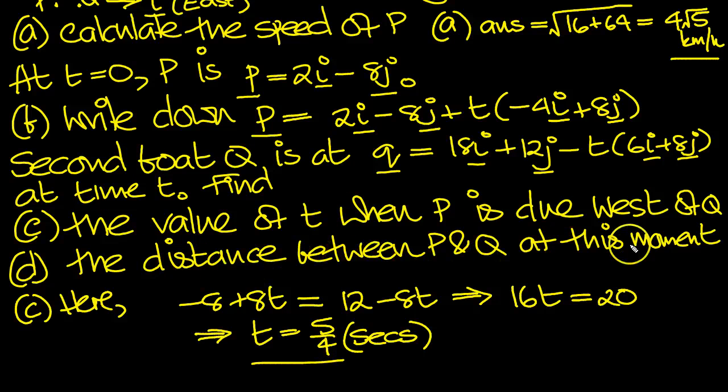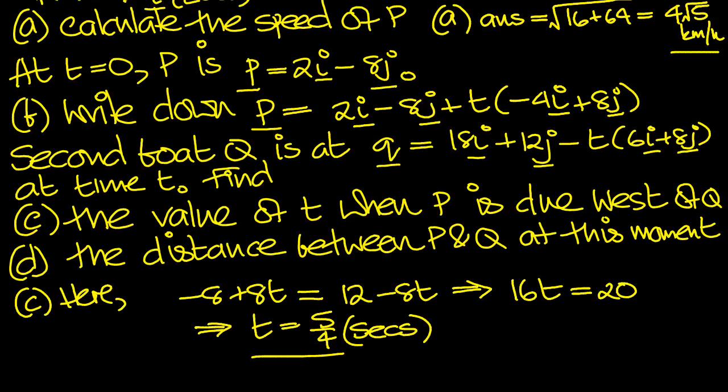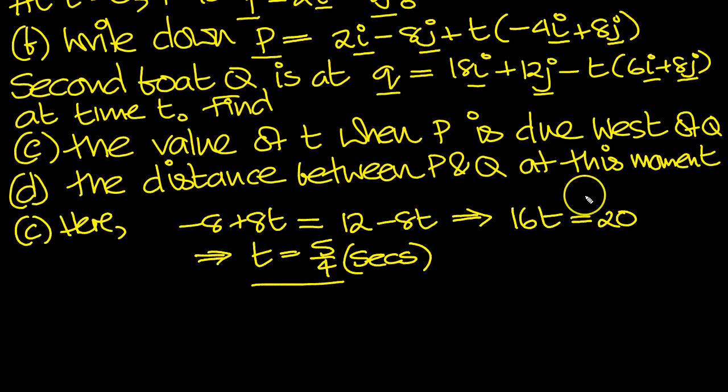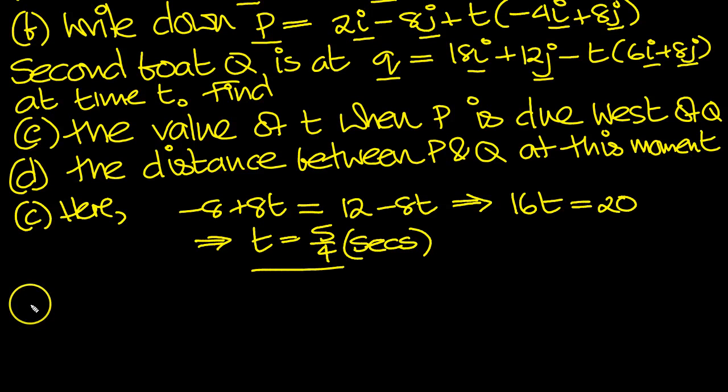The distance between P and Q at this moment in time. Well, that's when they have the same j value, at the value of t which we've done. Now we need the distance. So d, the answer will be just the magnitude of the difference between the i coordinates, won't it? Because the j coordinates will be the same.